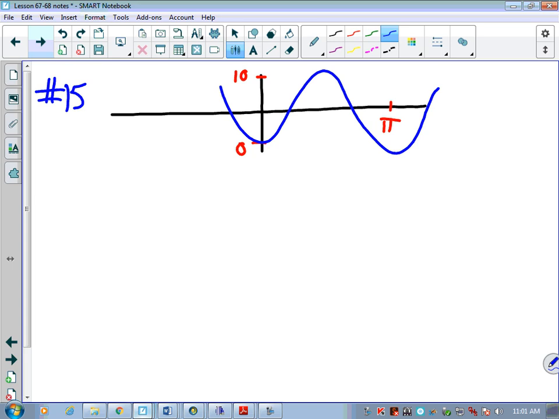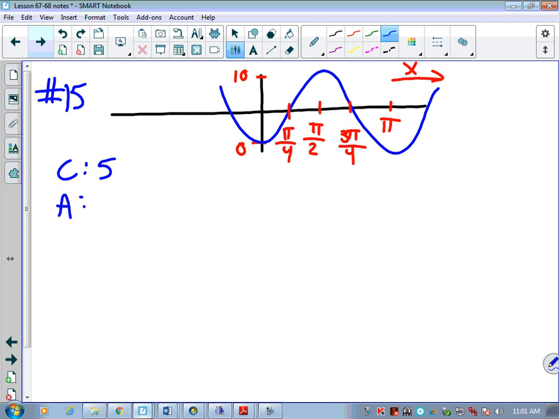It's going to cross there at pi over 4. Pi over 2 is here, 3 pi over 4. Let's start with the basics. What's my center line? 5. Center line is 5.